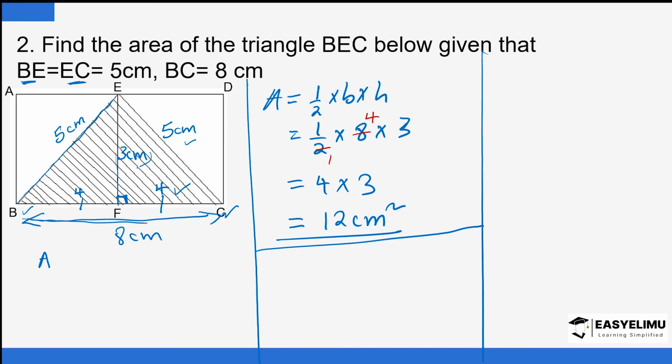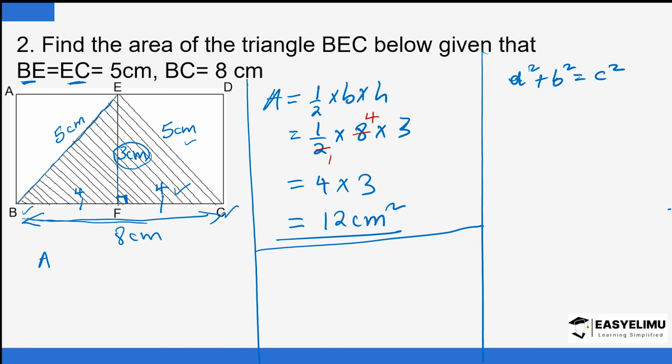So this one here, we used Pythagoras theorem to find it. It was a squared plus b squared is equal to c squared. So this c is the hypotenuse. So a is one of the shorter sides and b is another one of the shorter sides.